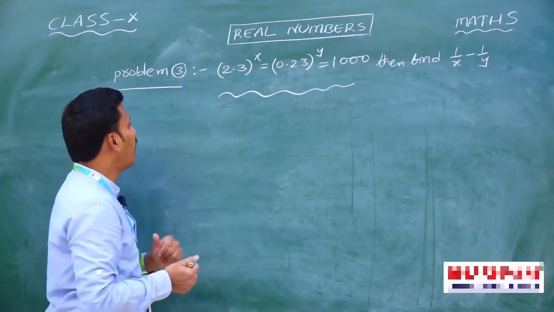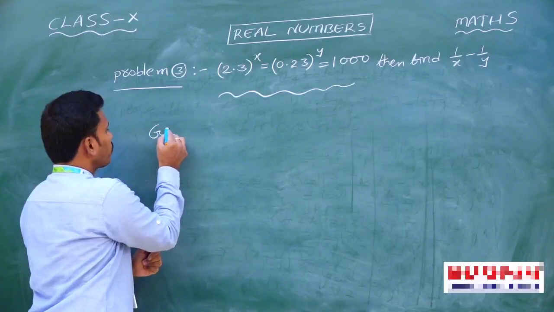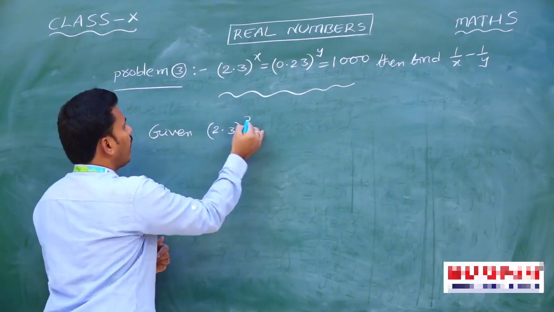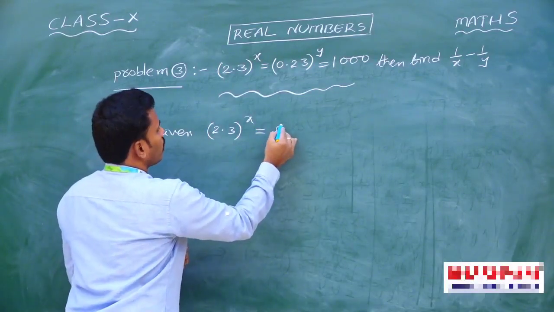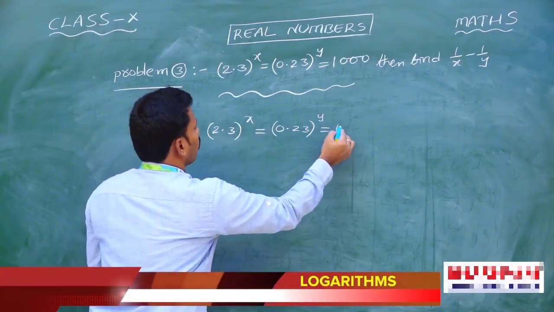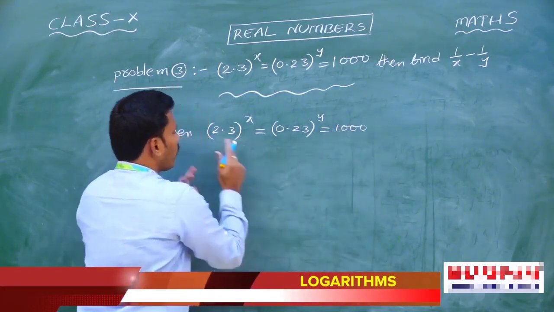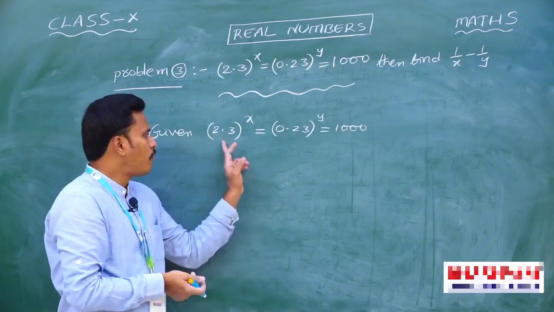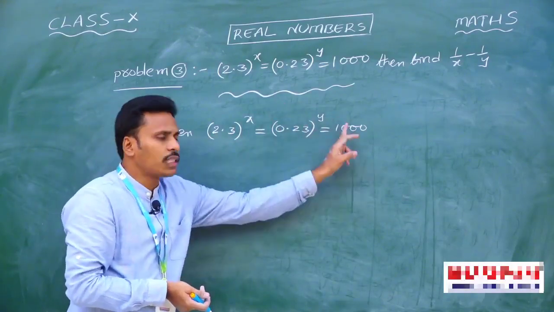Look there, the given idea is: 2.3 to the power x is equal to 0.23 to the power y is equal to 1000. In the sense, these 3 are equal, right? Since these 3 are equal, the first and third are equal, and the second and third are also equal.